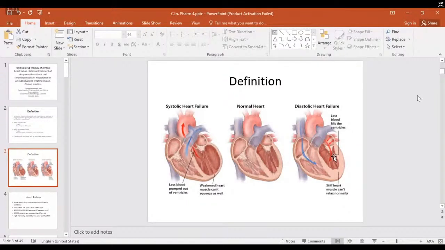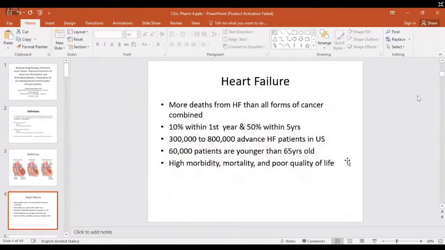It cannot fill normally with blood, and this again causes symptoms of dyspnea and fatigue.